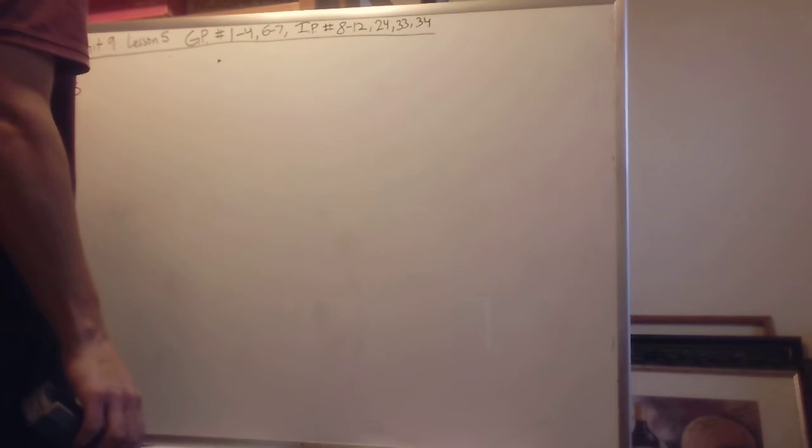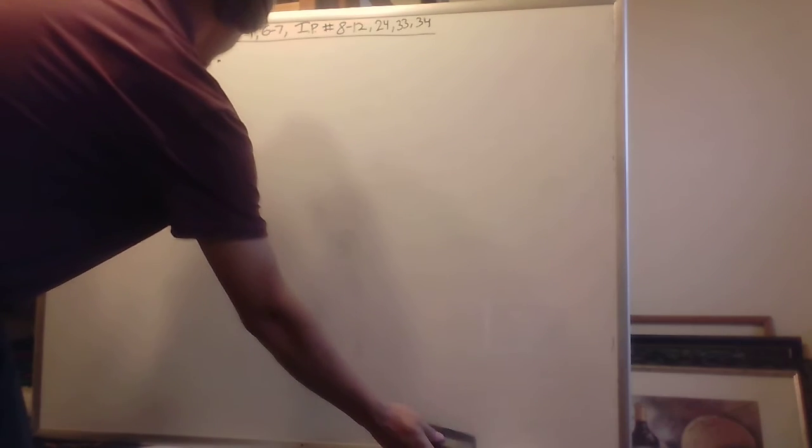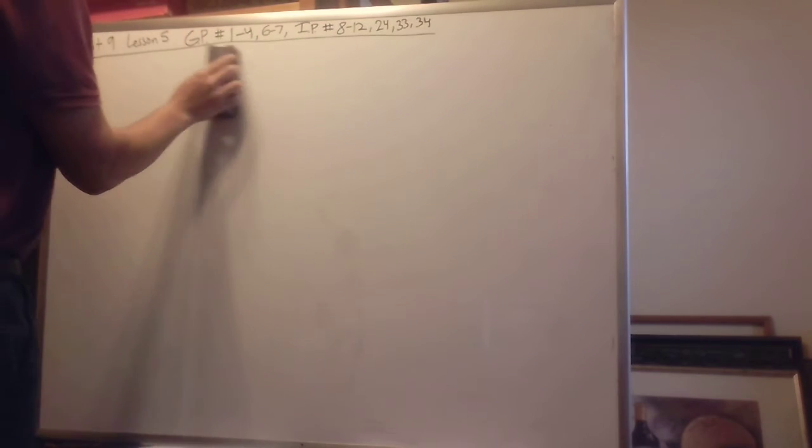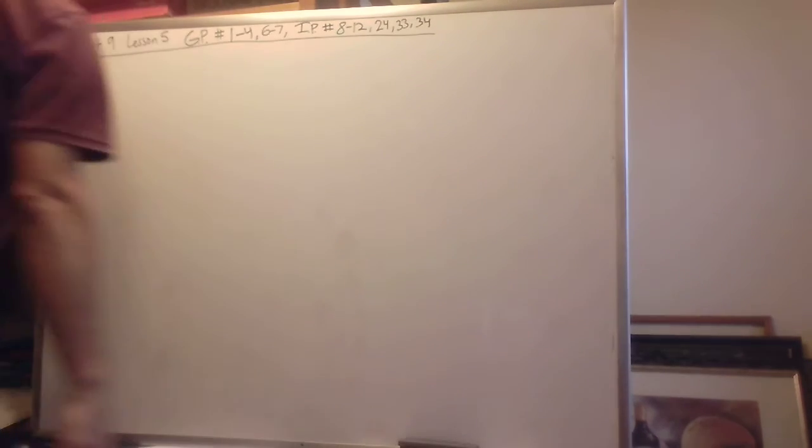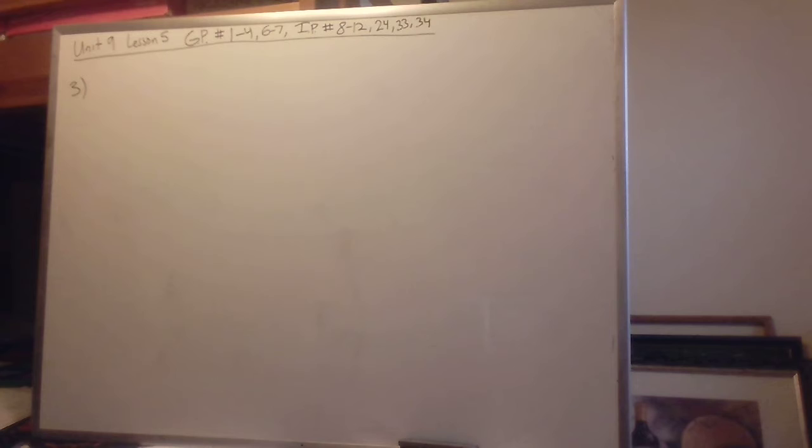Okay, so question 3. It says quadrilateral JKLM has vertices at J(3, 10), K(2, 6), L(11, 6), and M(8, 10). Verify that JKLM is a trapezoid.